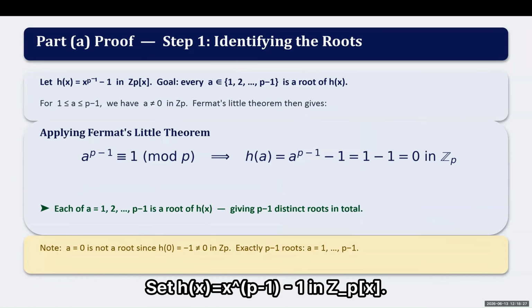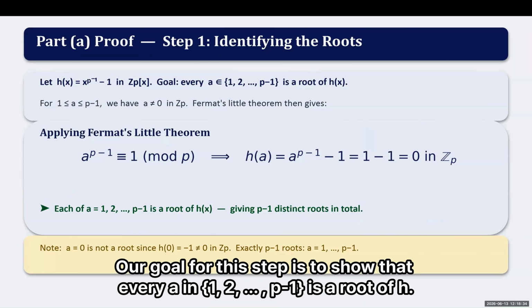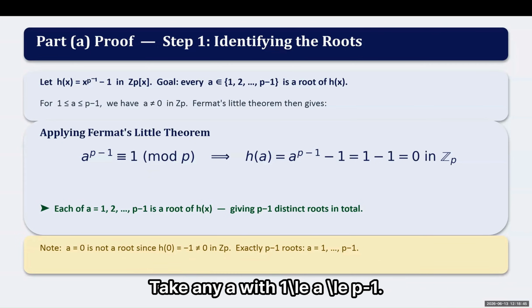Set h(x) equal to x^(p-1) - 1 in F_p[x]. Our goal for this step is to show that every a in the set 1 through p-1 is a root of h. Take any a between 1 and p-1.